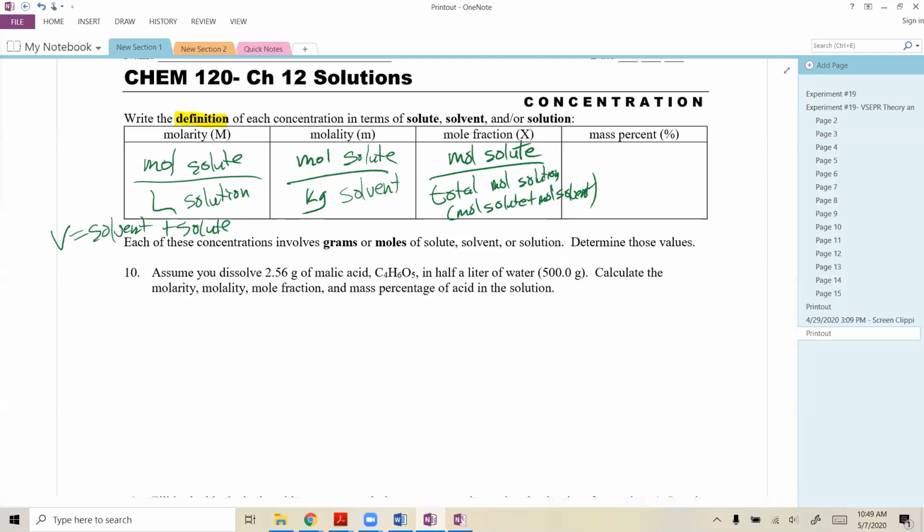Who has mass percent? Our last one here. Right? And you're saying that that's mass divided by total mass times 100%. But what should that mass on the top be referring to?